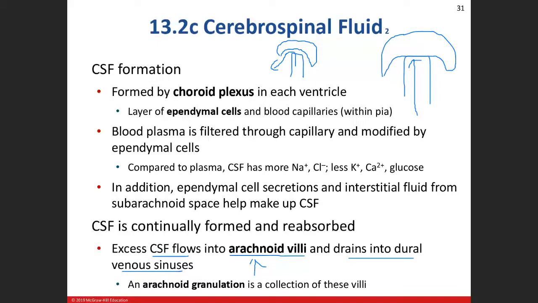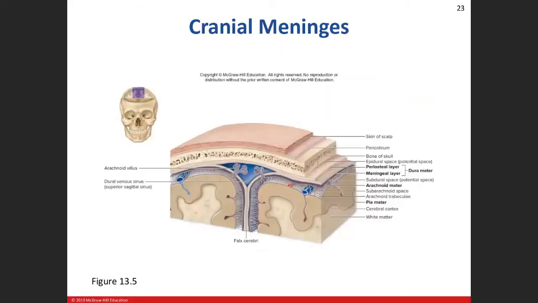So that excess cerebrospinal fluid goes into the arachnoid villi, and it'll eventually drain into the dural venous sinuses here. These structures here are the arachnoid villi. So that cerebrospinal fluid is flowing here, it goes up into the arachnoid villi, and then it drains out. It's a one-way valve. Nothing can go in.